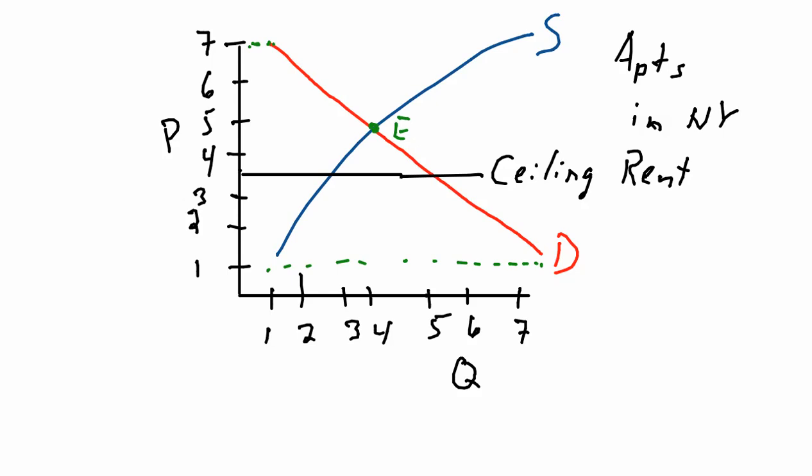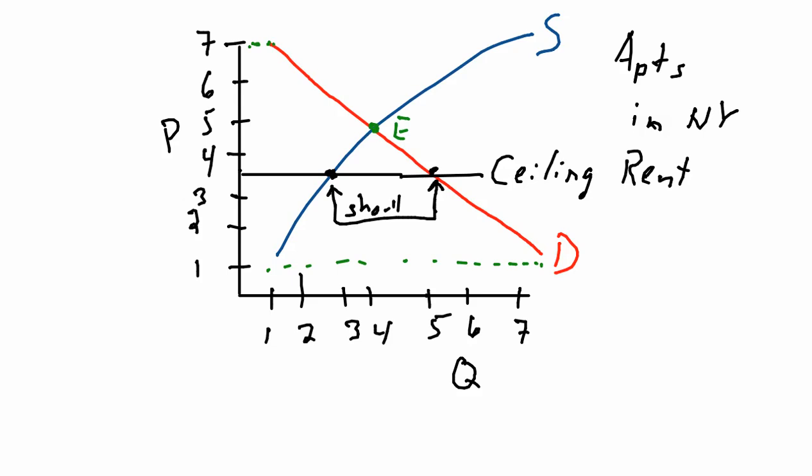And what that does is it draws a line across the graph, and we come to where that intersects on the supply curve and on the demand curve. And so the supply is around 3 and the demand is around 5, and so the difference between that is a shortage.